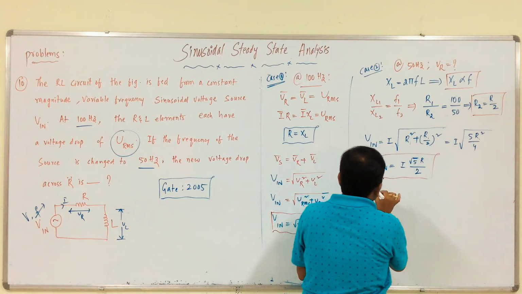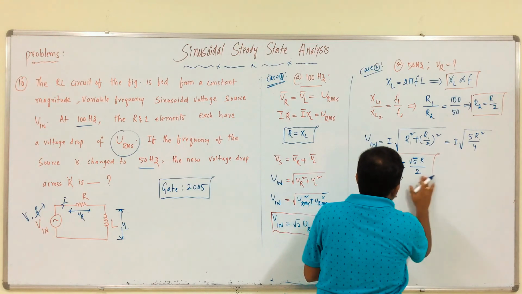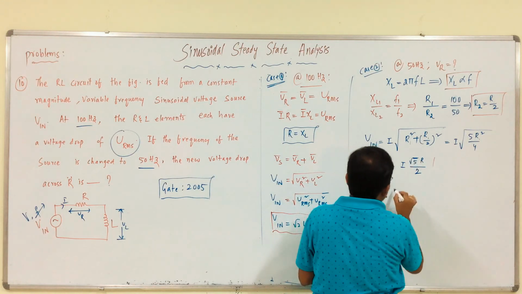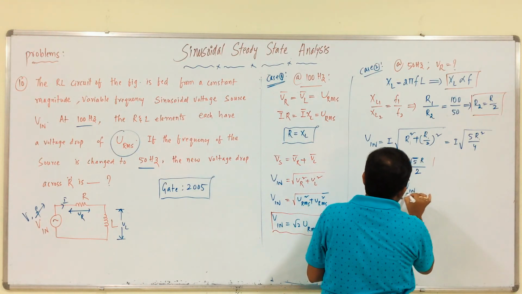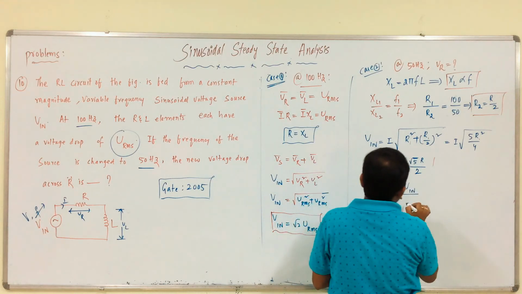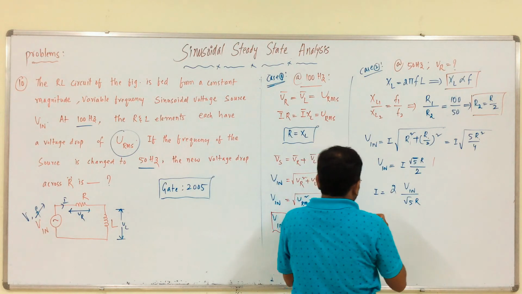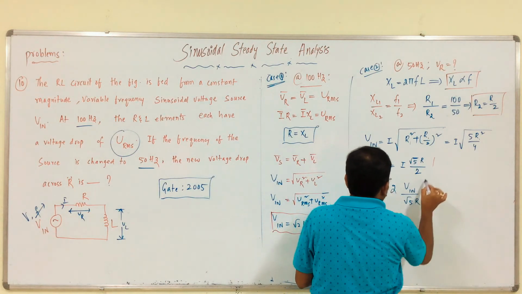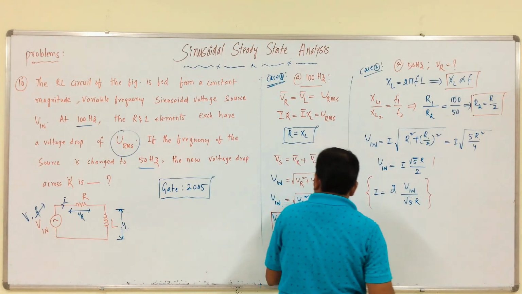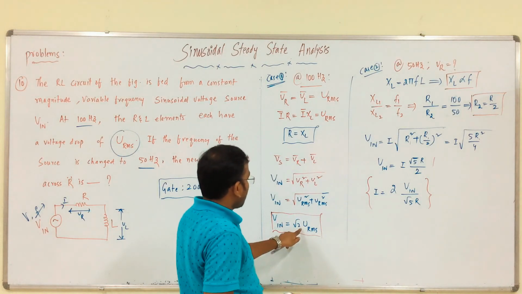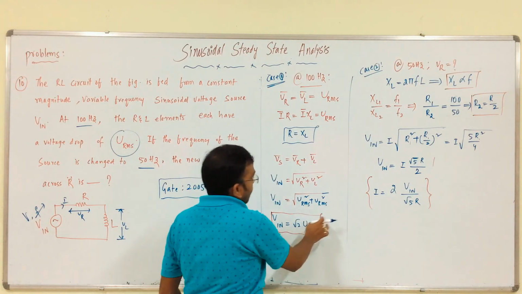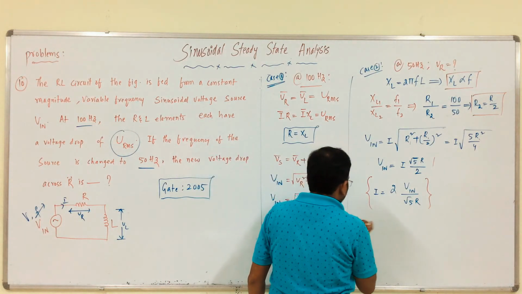From this, I equals 2 V input by root 5 R. This is the value of I. We know that V input is root 2 URMS.